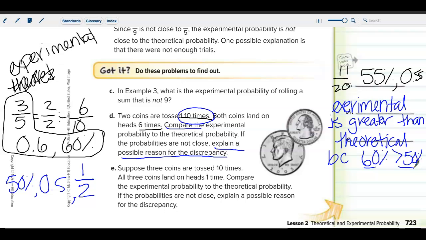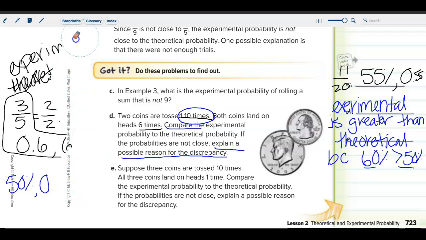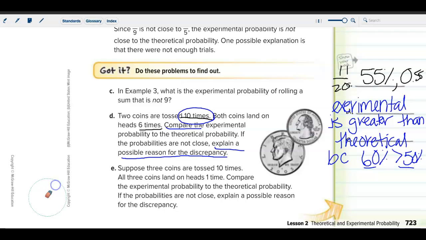Okay, so then Got It E says, suppose all 3 coins are tossed 10 times. All 3 coins land on heads 1 time. Compare the experimental probability to the theoretical. So this time we landed on heads 1 out of the 10 times. Again, it doesn't really matter that we have 3 coins.